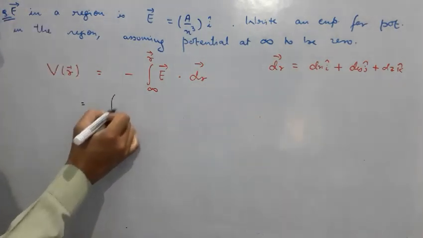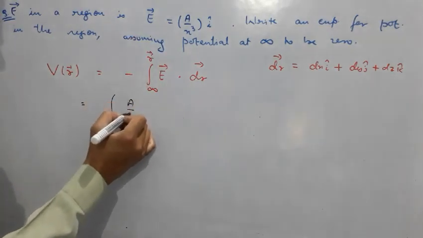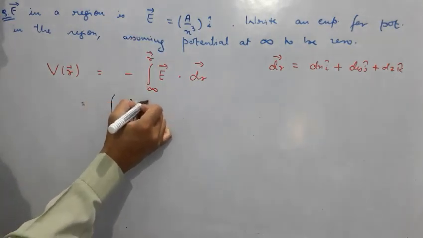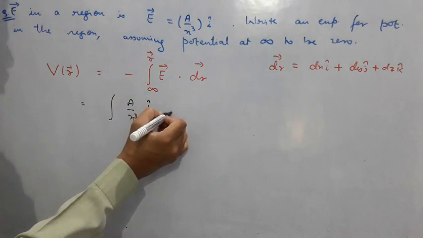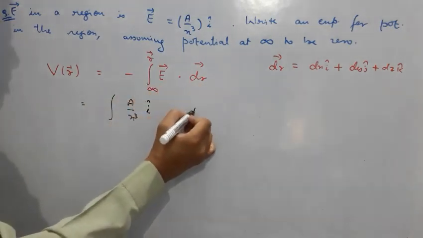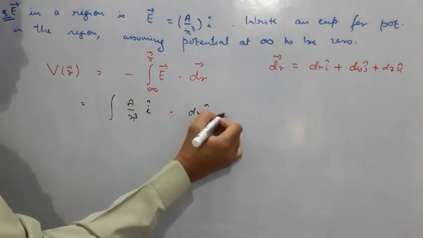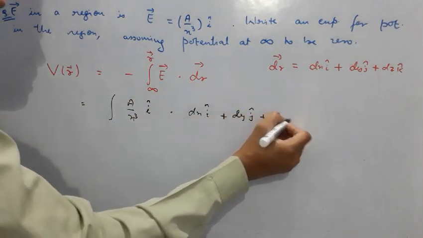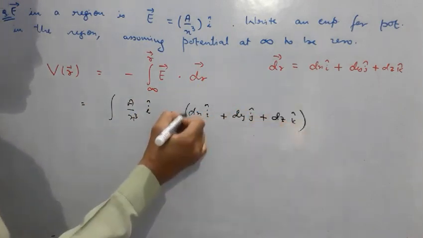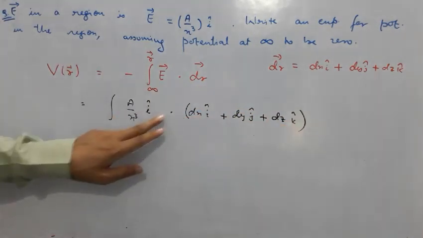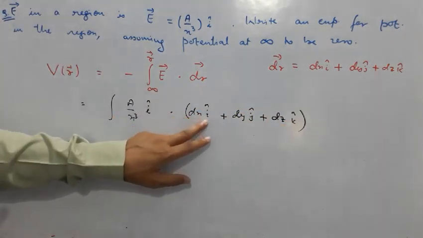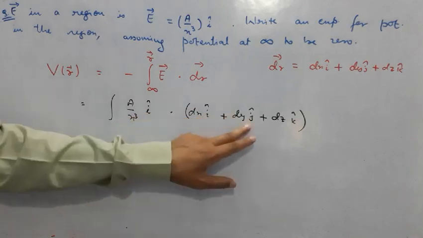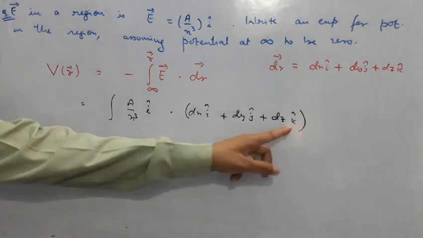E vector value is how much? A upon x cube times I cap. Then dot product. Dr vector will write how much, students? dx I cap plus dy j cap and dz k cap. Now when you take dot products with this, I dot I, you know, it is 1, I dot j is 0 and I dot k is 0.